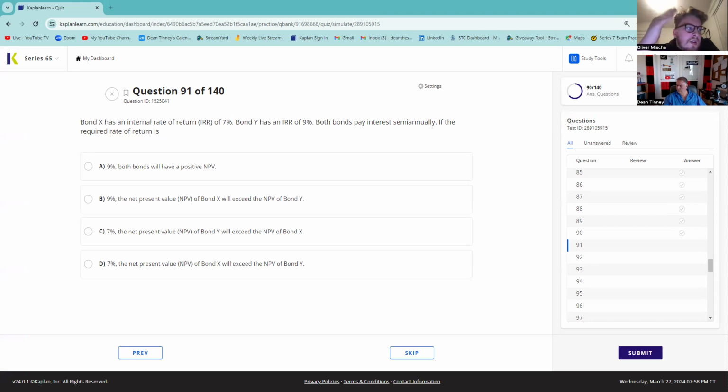So if the interest rate is higher, wait, the net present value of bond X will exceed the net present value of bond Y. Kind of a funky way to ask this.